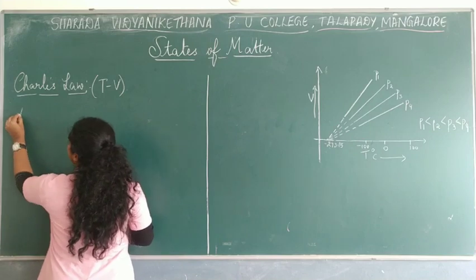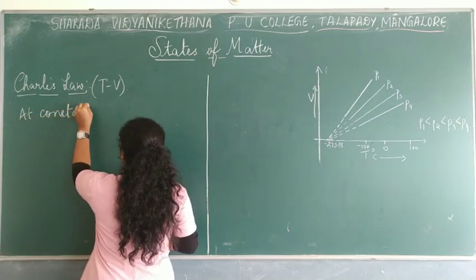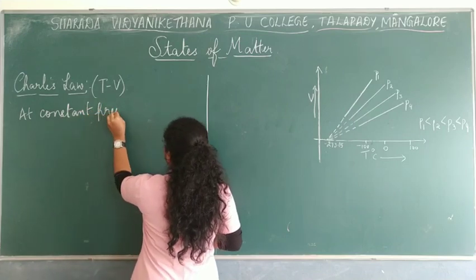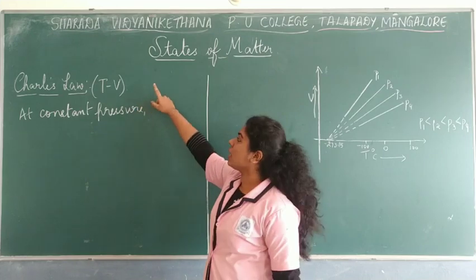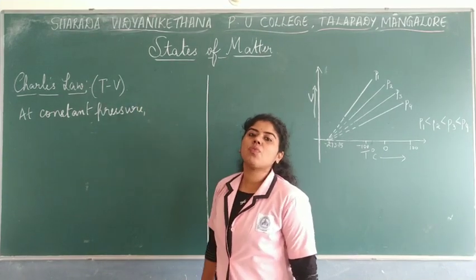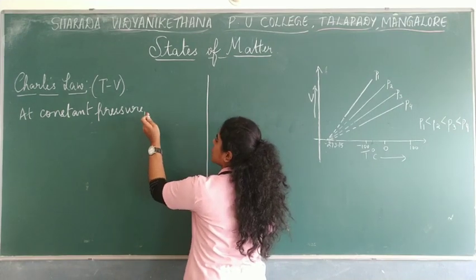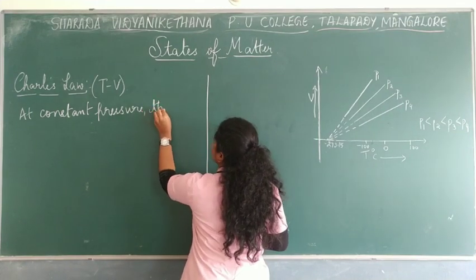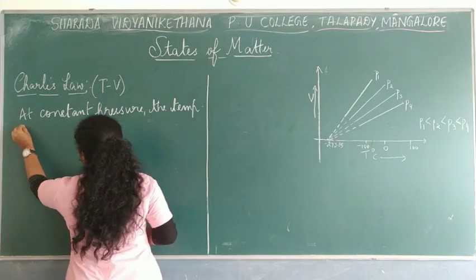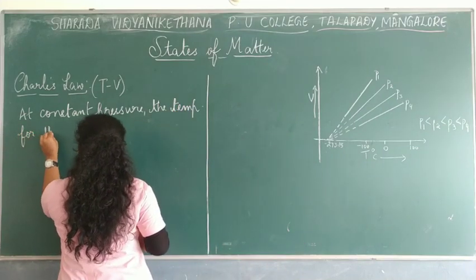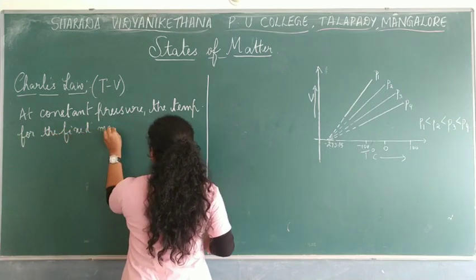So we say at constant pressure, the temperature of a fixed mass of gas is directly proportional to the volume of gas.